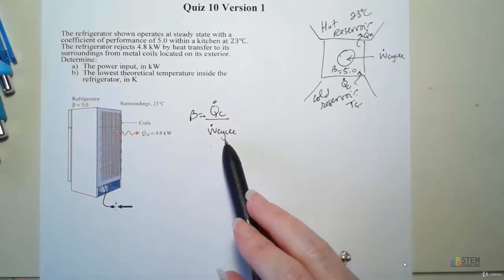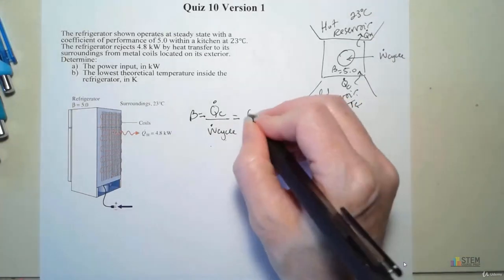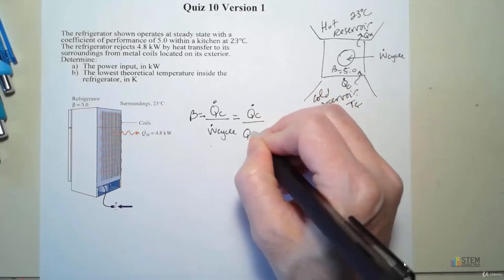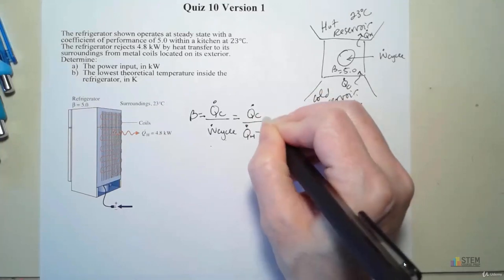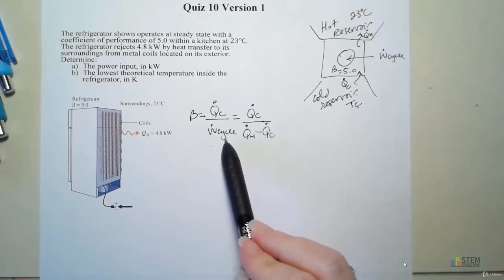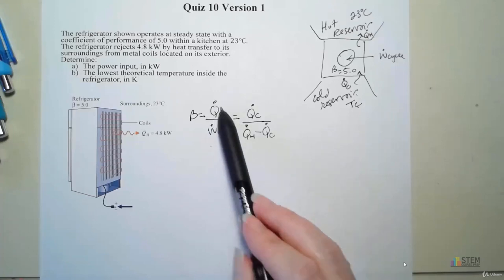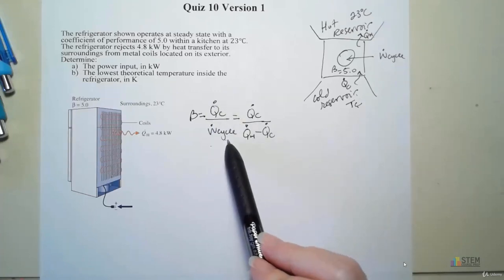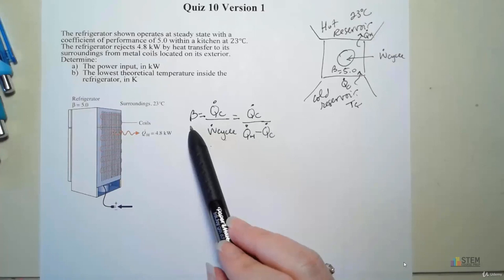W dot of the cycle is going to be QH dot minus QC dot. Notice these are all the rate terms. What we want to do is find the power input. So now we're looking for this. If I can find QC dot, then I can find W dot because I know what beta is.